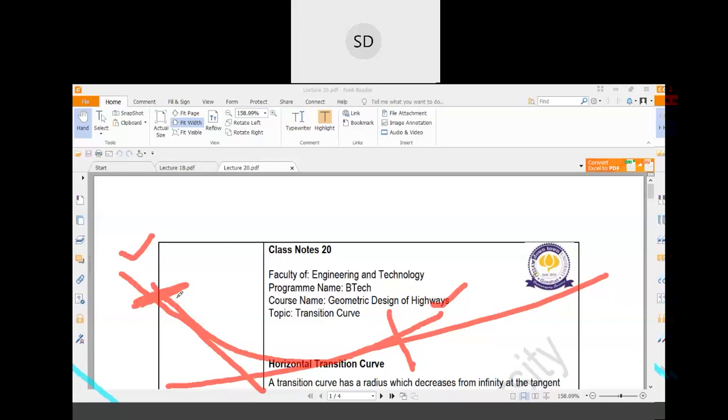Now, within the straight path, if you introduce a circular curve, like in the case of your summit curve, what will happen? Here, at the straight path, your centrifugal force P would be zero.